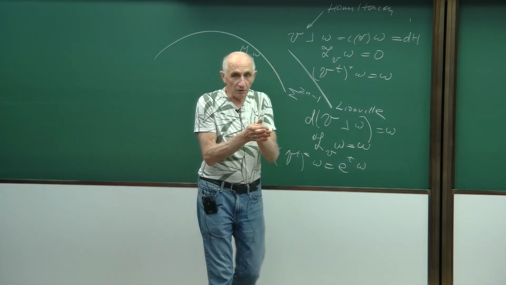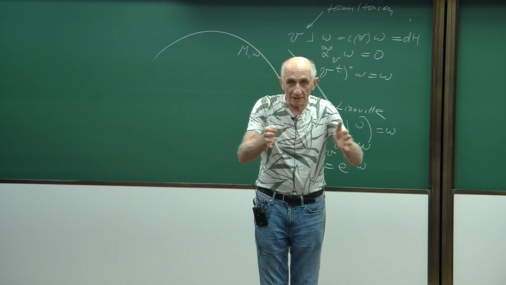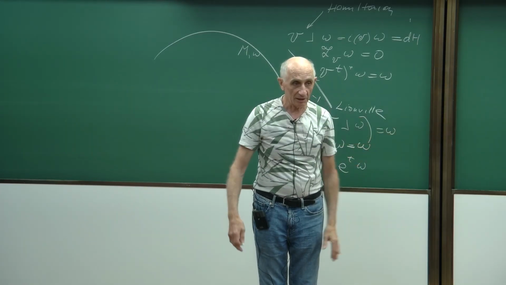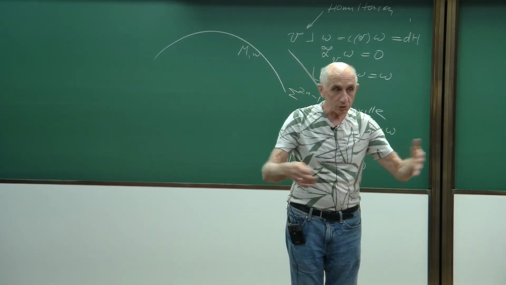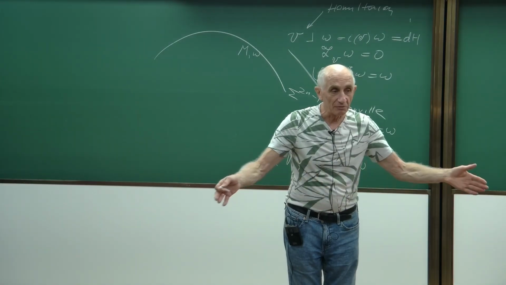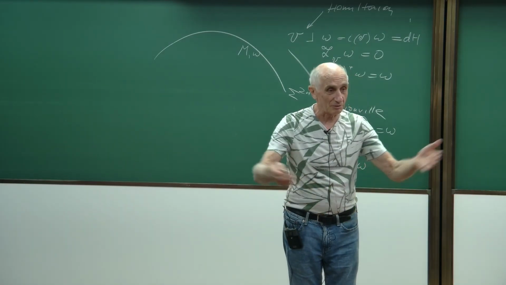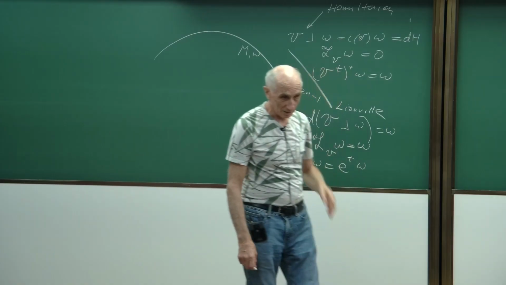So Liouville vector fields symplectically rescale the form, but they also have the property that they leave Lagrangians, because the symplectic structure remains the same.